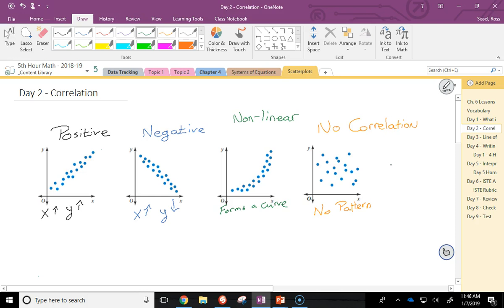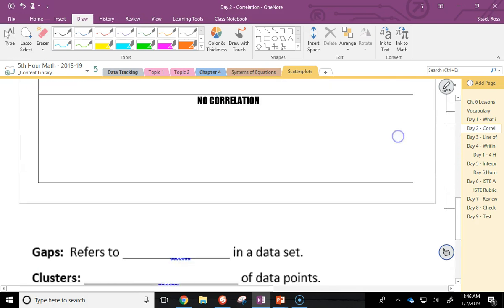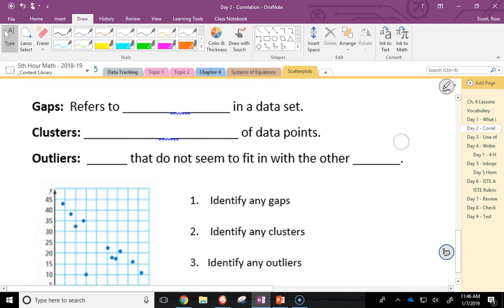Alright, before we get to today's activity, I want you to turn to the vocabulary, it's on the bottom part. We're going to fill this vocabulary out because this is what you're going to do for your homework today. It says gaps. We're going to write: gaps refer to missing data.